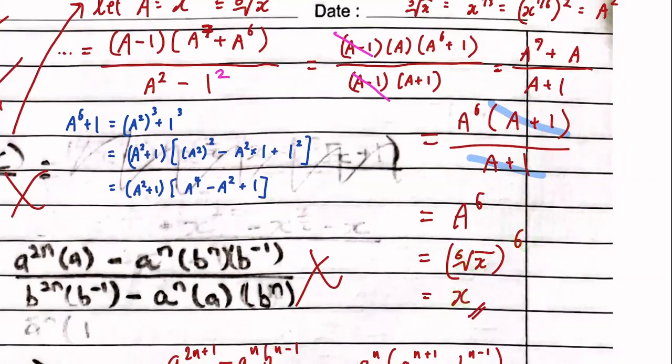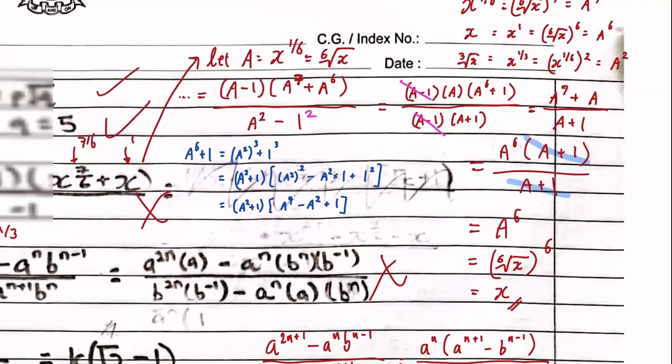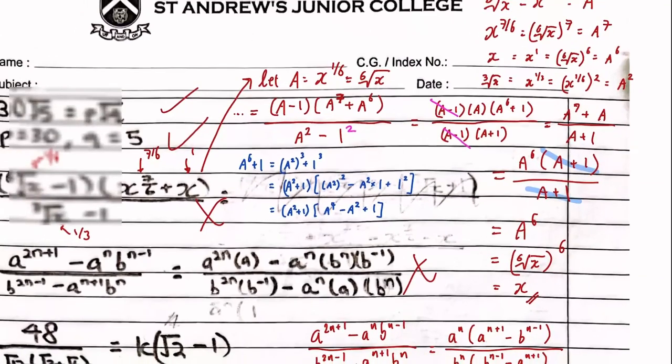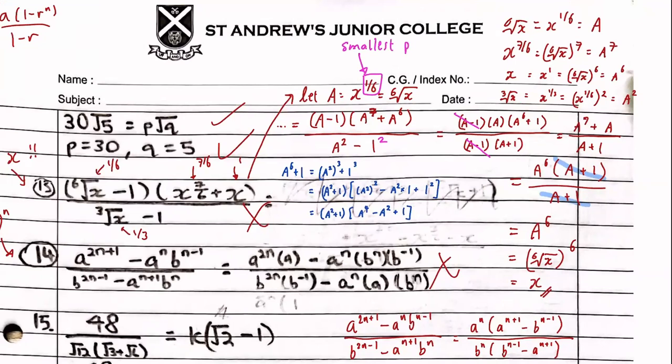So the trick here is to do substitution. Substitute with the smallest power. Maybe I should write this down. Here is the smallest power. Among all the powers of x, there's 1/6, 1/3, 7 over 6, and power 1.